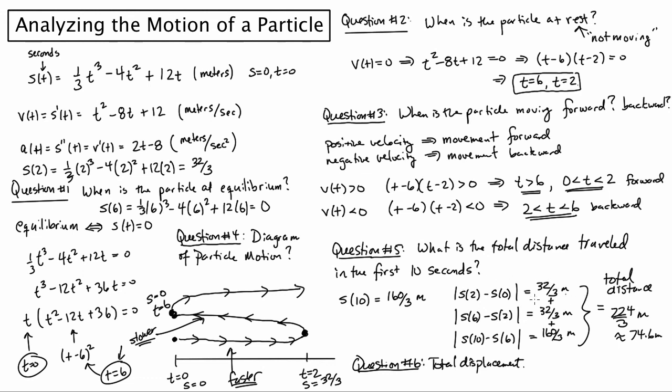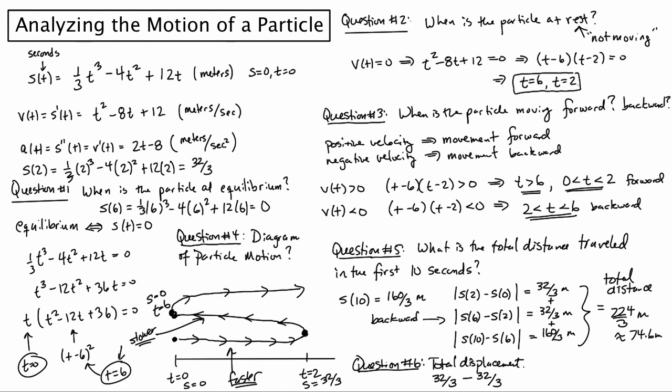We're moving forward from 0 to 2. So we add in the positive movement forward, but then remember we're moving backward from 2 to 6, so we subtract that distance, which makes sense because displacement-wise, after these first 2 legs, we're back to where we started.